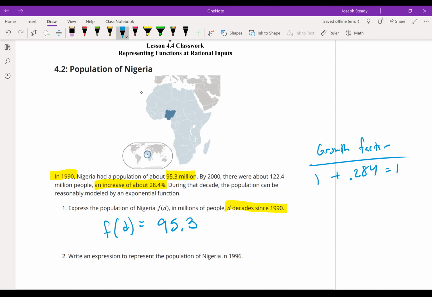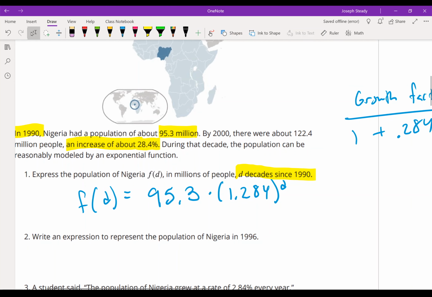Or in other words, my growth factor is 1.284. So we're going to take each decade, we're going to multiply this 95.3 times 1.284. So if it's been 10 years or 1 decade, we'll plug in a 1 for D. If it's been 30 years, which would be 3 decades, we'll plug in a 3.